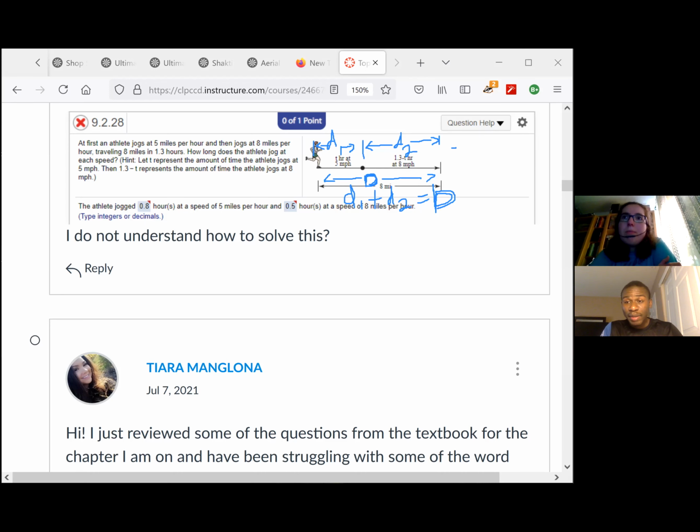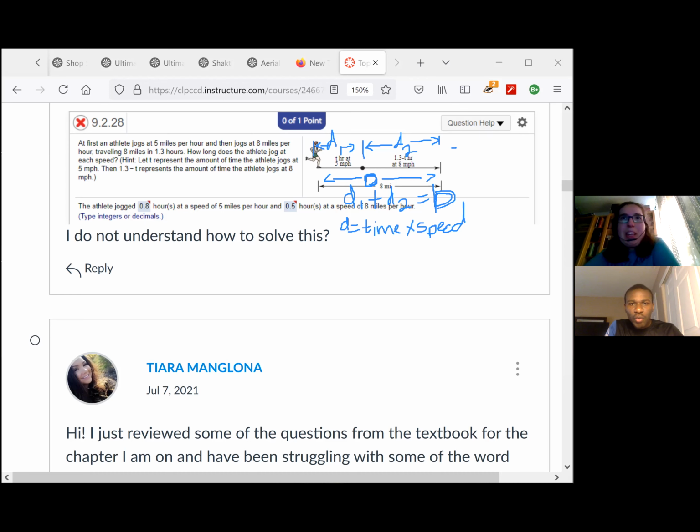And remember, by definition, if you've got speed and time, distance is equal to what? Distance equals time times speed, correct? By definition, yes. If you have time and speed, you can calculate distance.